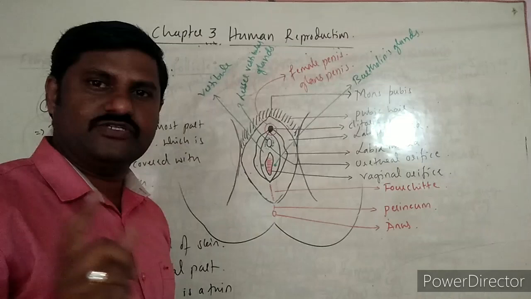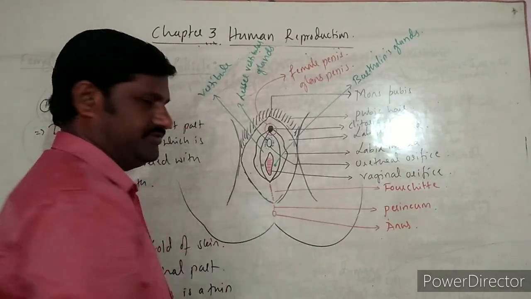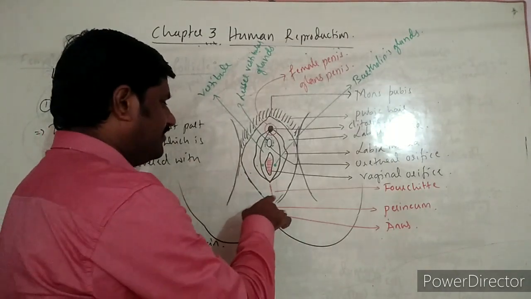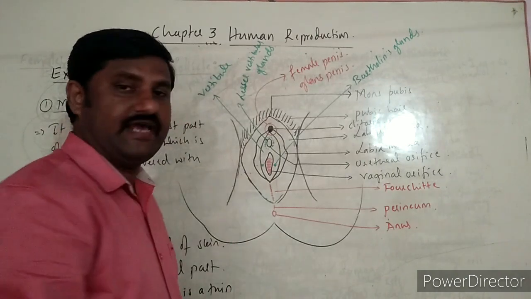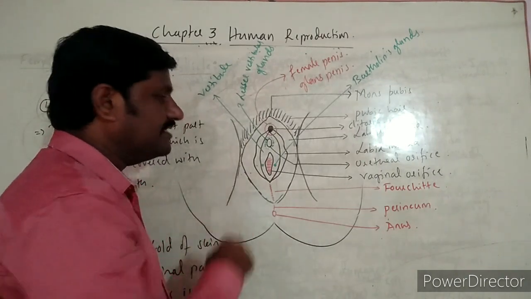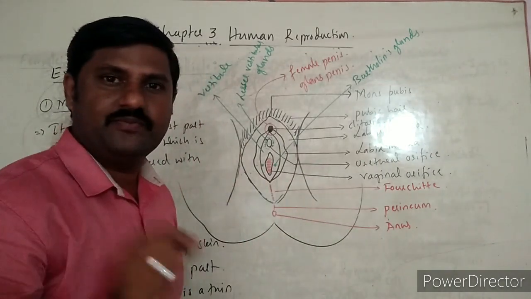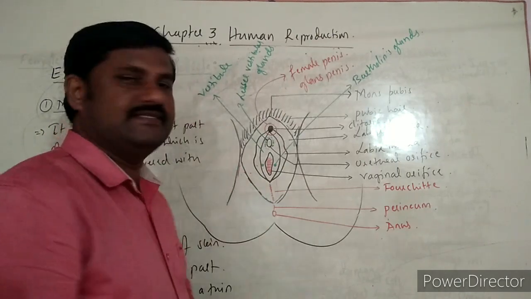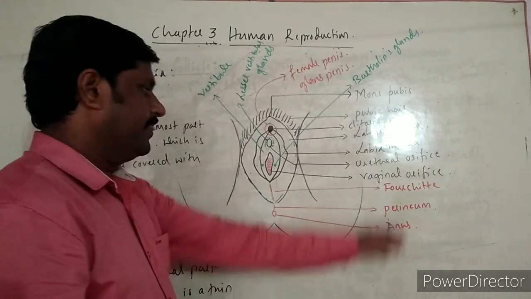What is it known as? Fourchette. And the fourchette is followed by the anus, but there is a little distance between the fourchette and the anus, and that distance is called the perineum. Anus is the terminal part that we come across over here.